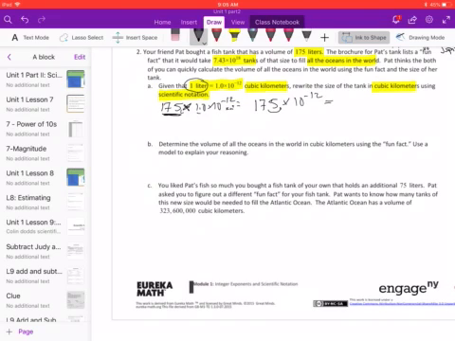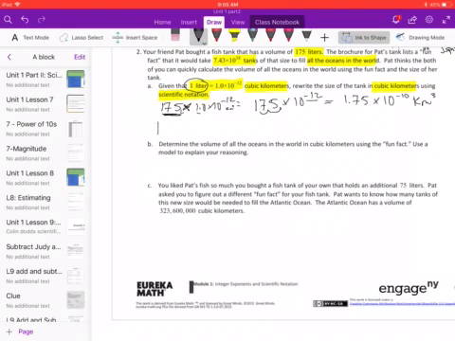But now I change this to scientific notation by making my lead factor smaller, 1.75. This needs to get bigger, and by 2 places, so it'd be 10 to the negative 10th kilometers cubed.